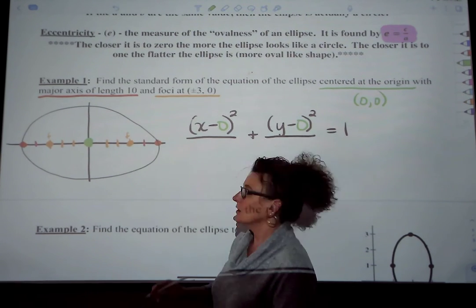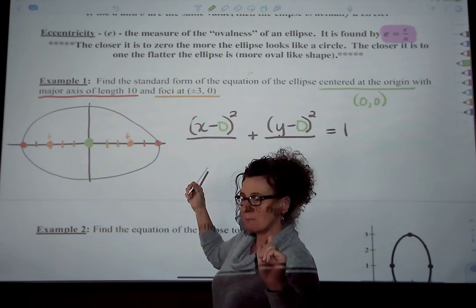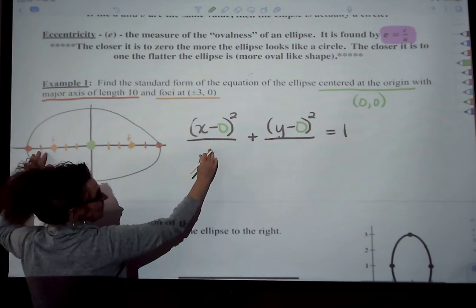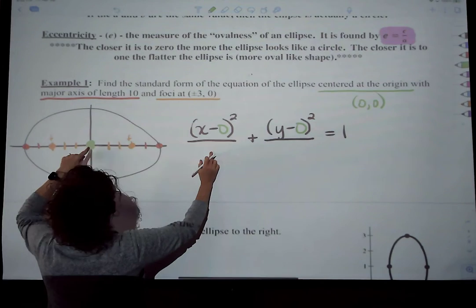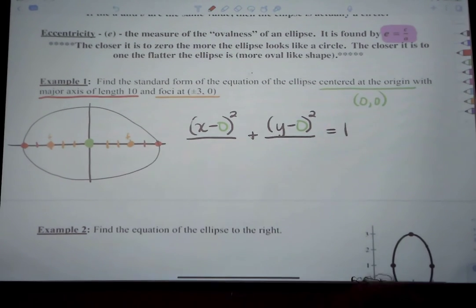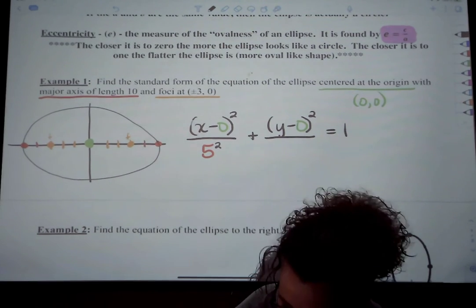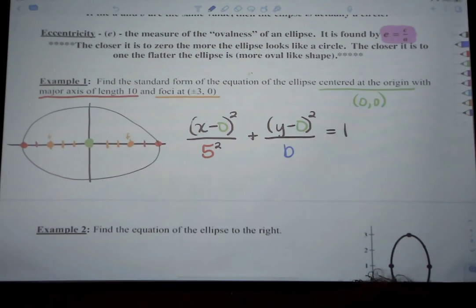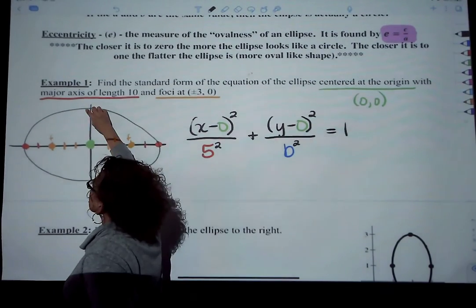What's A? What goes underneath here? Well, look for your major axis. Your major axis is this way. That's what we know this is going to be, the bigger of the two numbers. And A is 1, 2, 3, 4, 5. A is 5. I don't know what B is. I don't know what this is.